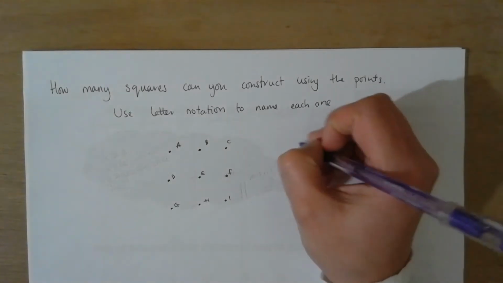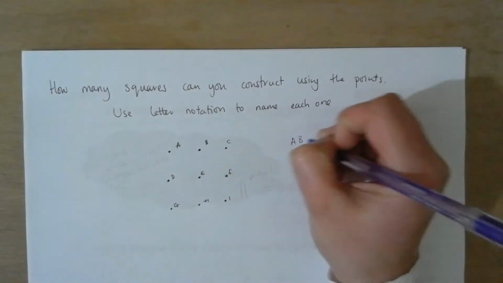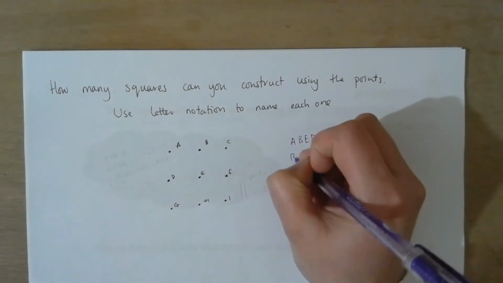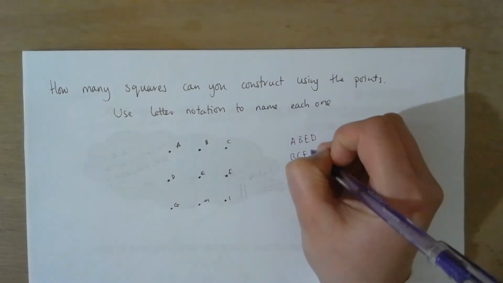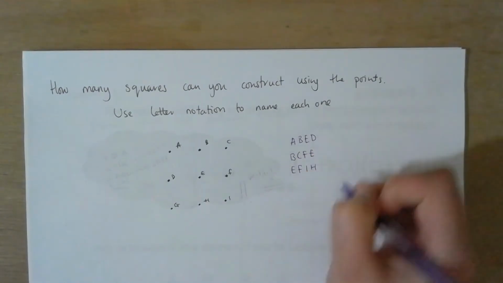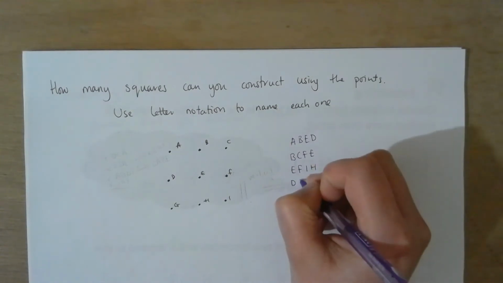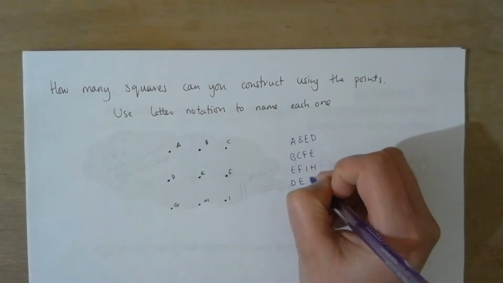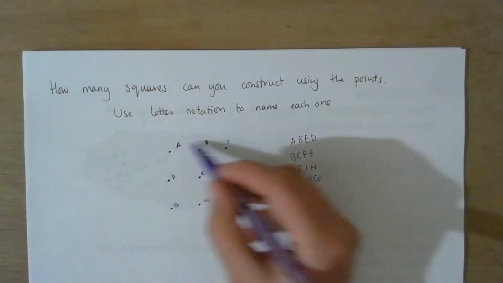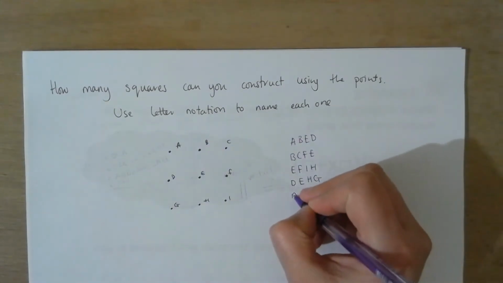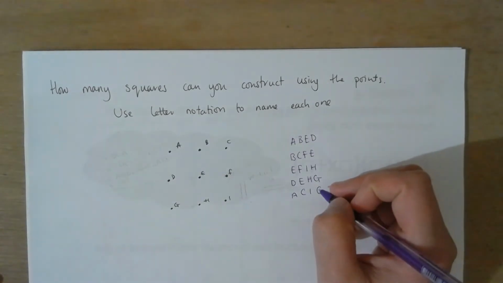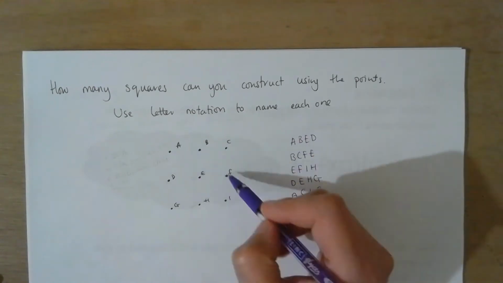Great. Okay, so you have A, B, E, D. You've got B, C, F, E, E, F, I, H, and then you've also got D, E, H, G. Okay, you got the big one right there, which is A, C, I, G, and if anyone noticed, there is a rhombus.